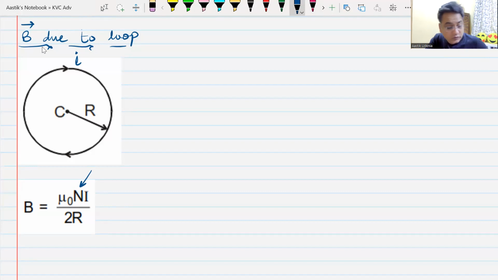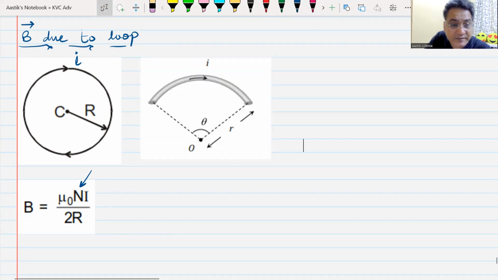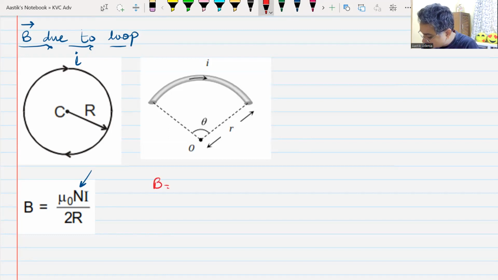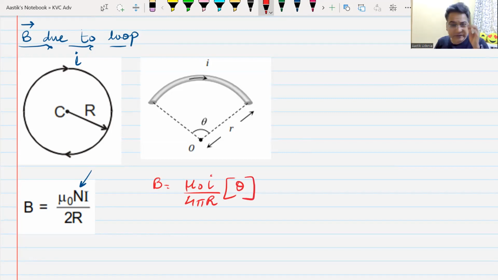Now, instead of a complete loop, if you have a part of a loop, then you can remember the general formula. Do you know the general formula of this loop? Mu naught I by 4 pi r multiplied by the angle theta, the angle it subtends at the center.